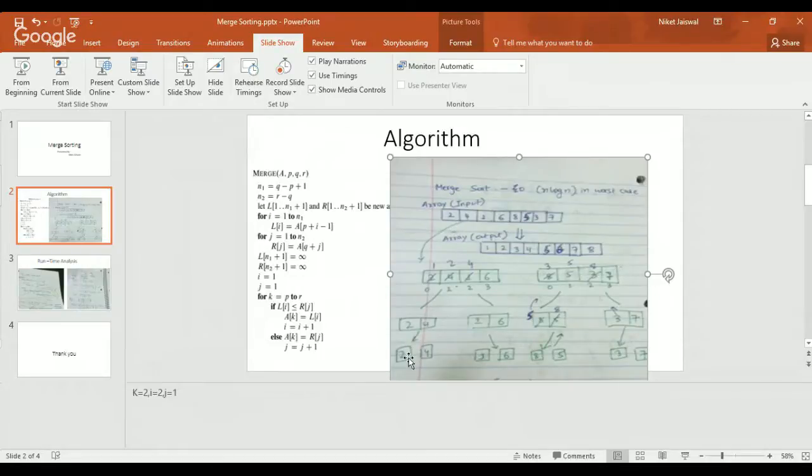So we have reached the leaf. No more merge sorting is required. We are finished, just return, come out of the loop, and we are done.